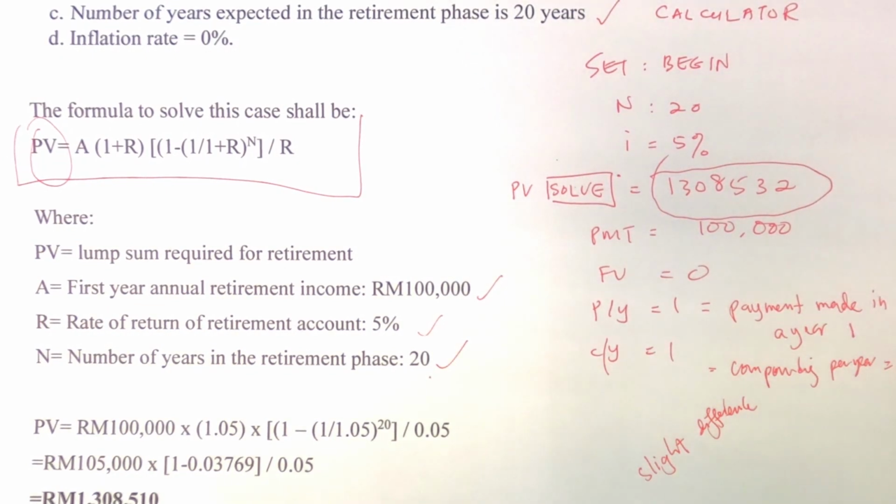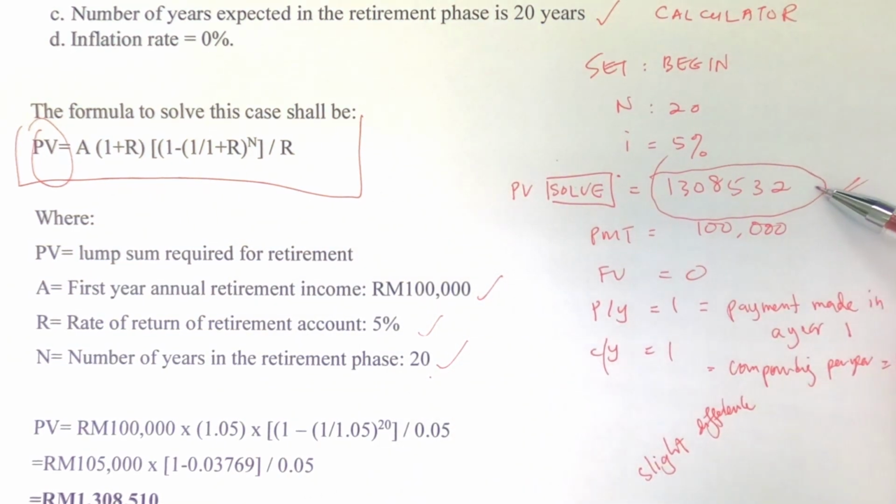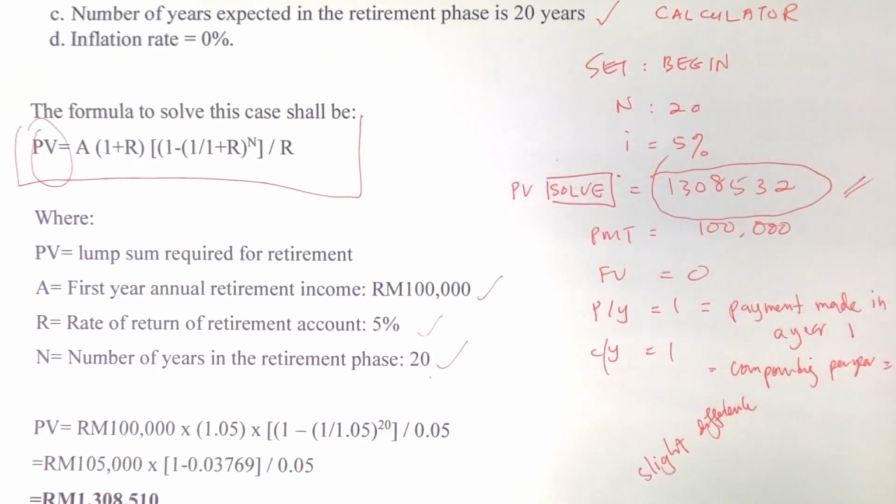The calculator normally considers decimals more seriously compared to the formula, so that's why the figure here is a little bit higher, but in the exam both answers are accepted.